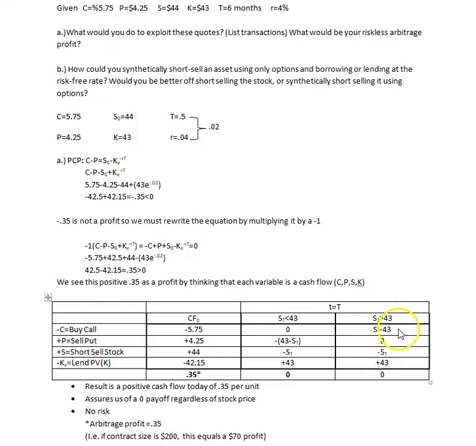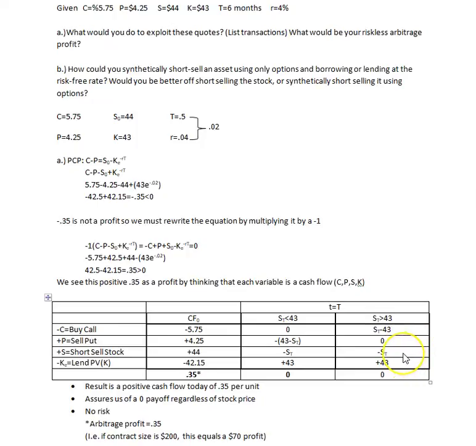When it is greater than and we are buying the call, we have the stock price minus the strike price of 43. When we are selling the put, we are obligated to pay, so we have a negative 43 minus the stock price.